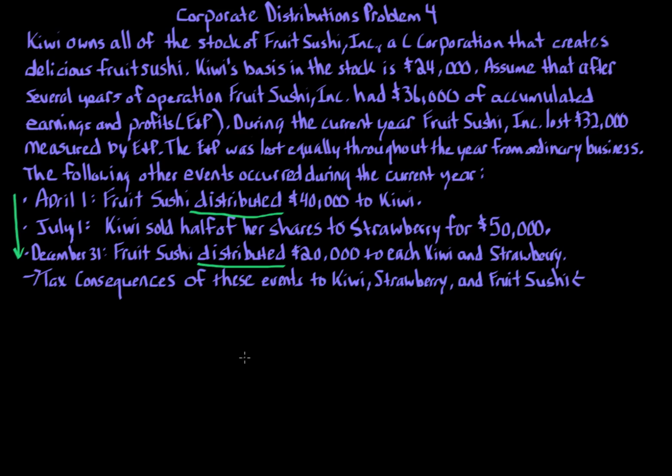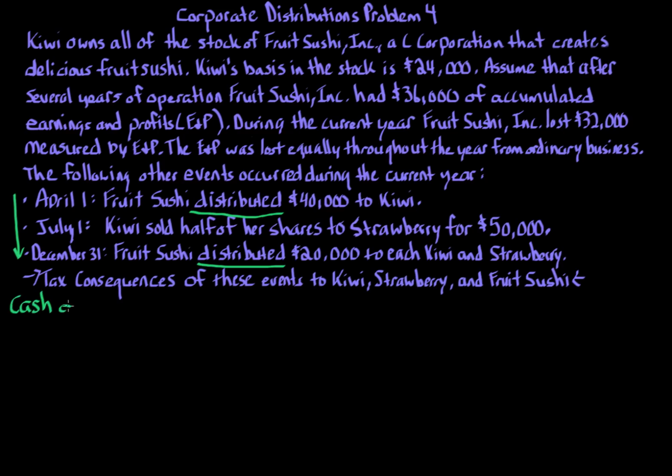It's going to be under the stock distribution rules, which you'll learn more about in later problems. But this is a property distribution. Property has been defined broadly, and includes cash, property in the broad sense, and also securities, but not securities in the corporation that's doing the distribution, which here is Fruit Sushi. Here it's a cash distribution.